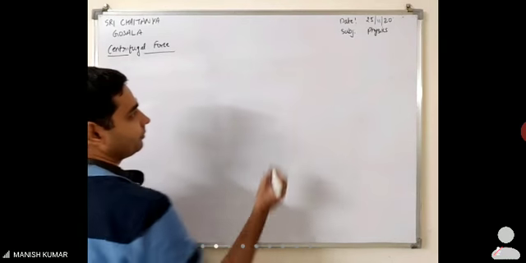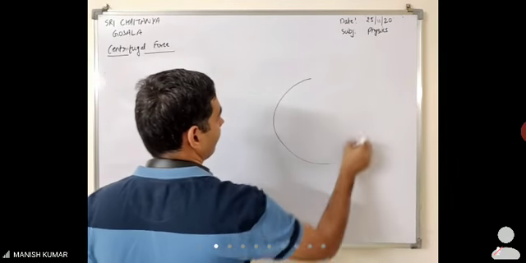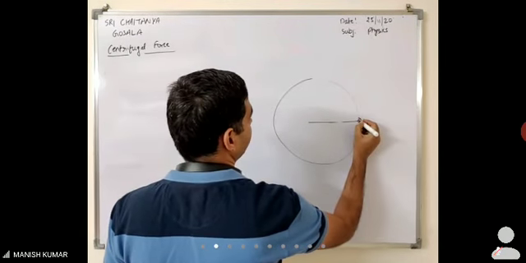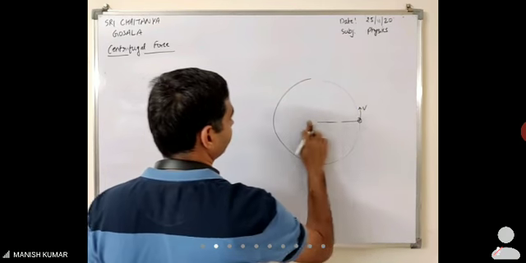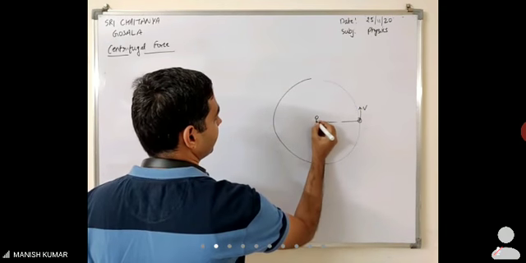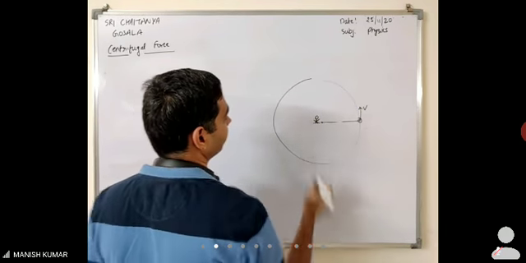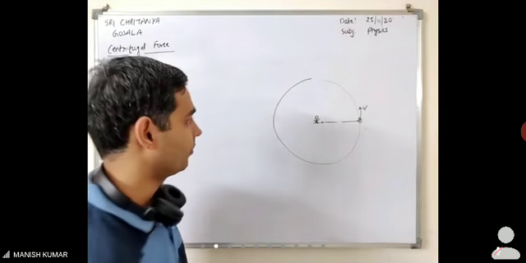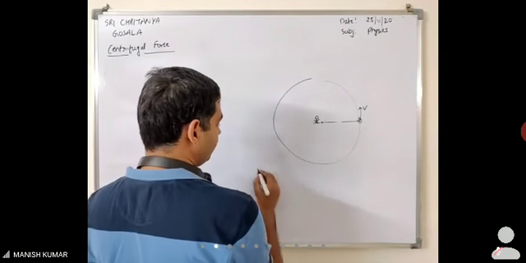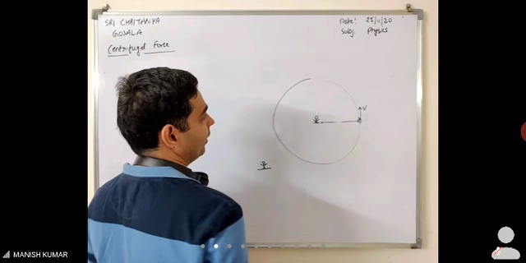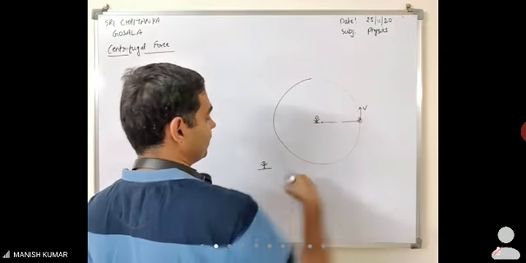Let's say there is a particle rotating in a circle with some speed v, and there is a person standing at the center of the circle. If you observe this particle from the Earth, this particle revolves in a circle.